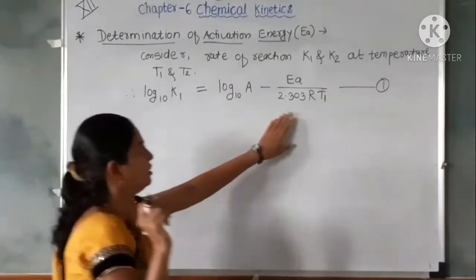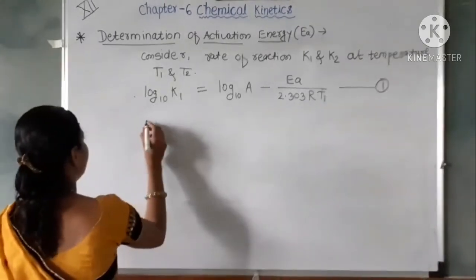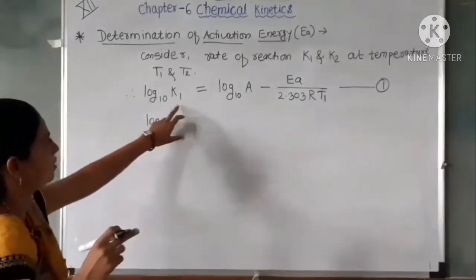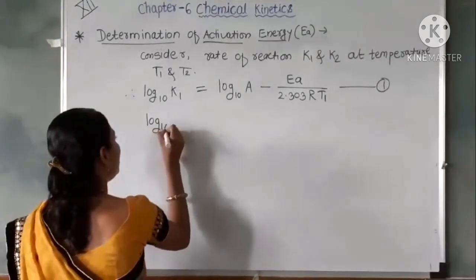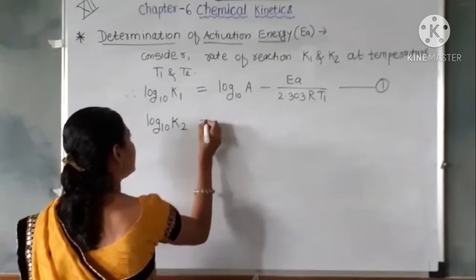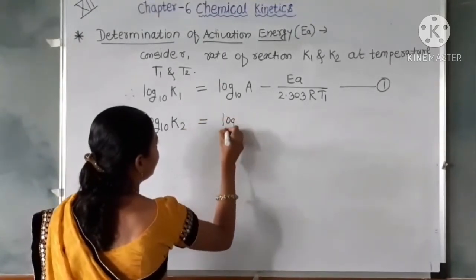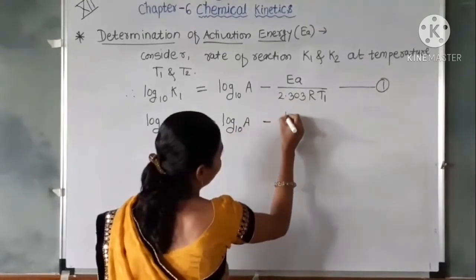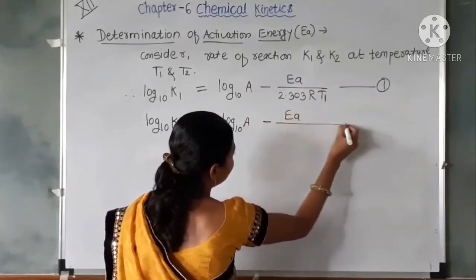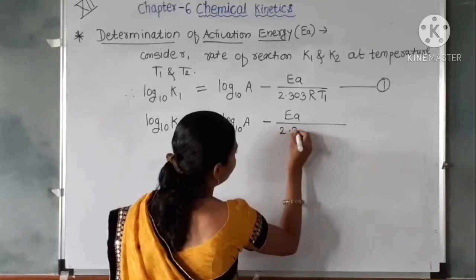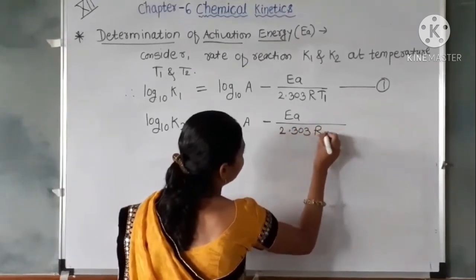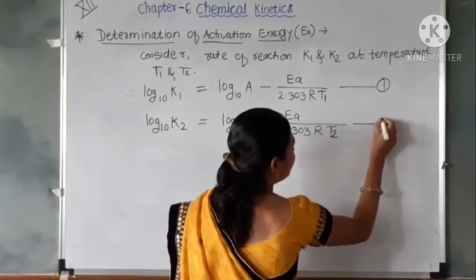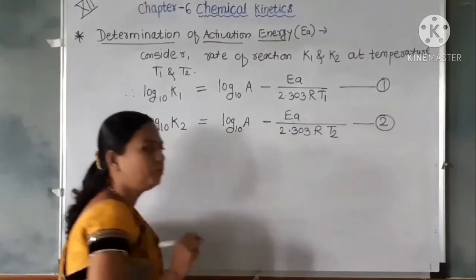Next we write for the rate constant k2: log to the base 10 k2 is equal to log to the base 10 A as it is, minus Ea, a constant term, upon 2.303 R T2, at temperature T2. This is equation number 2.